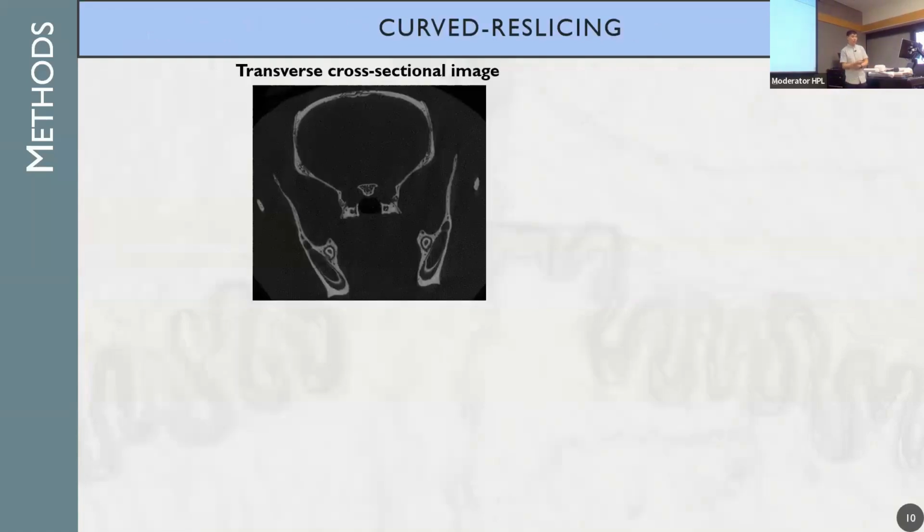Okay, why curvature slicing? Have you ever heard of anything like curvature slicing? There are a few methods similar to this, but I haven't found anything exactly the same.